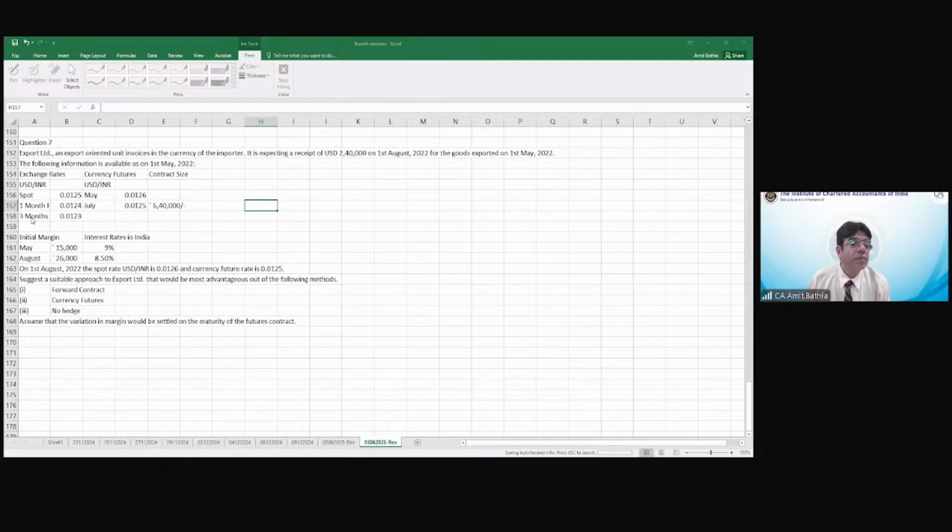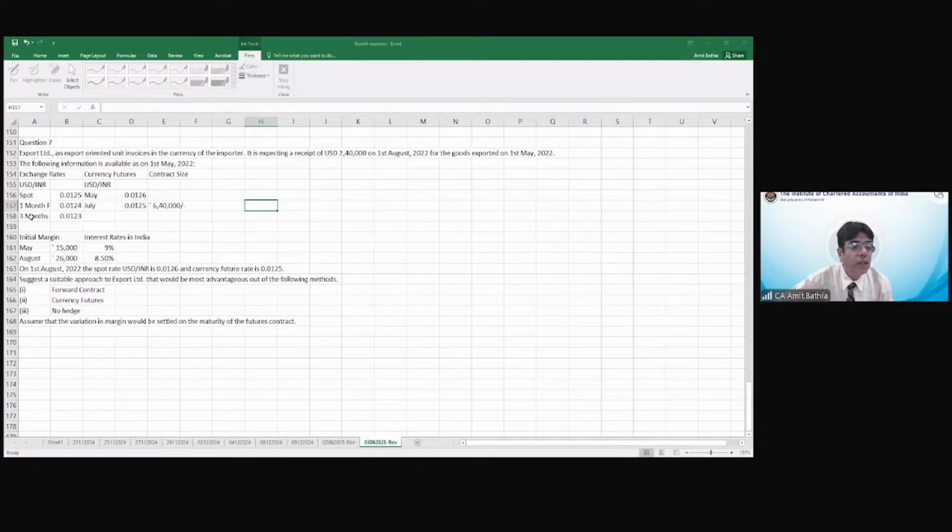Currency futures, we are told, has USD to INR rate of May is 0.0126, July is 0.0125, and we are further told the contract size for futures. Currency futures generally have a contract size, right? So that is rupees 6,40,000.